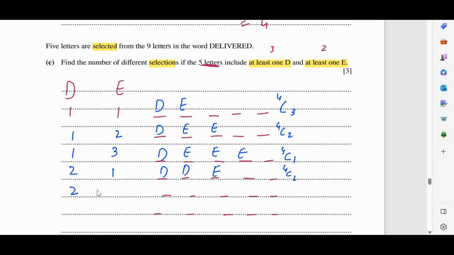The next one is 2 and 2, which means D, D, E and E, so this will be 4C1, because we have 1 space remaining. The next one is 2 D's and 3 E's, so this will be 4C0, because for this case we do not have any space.